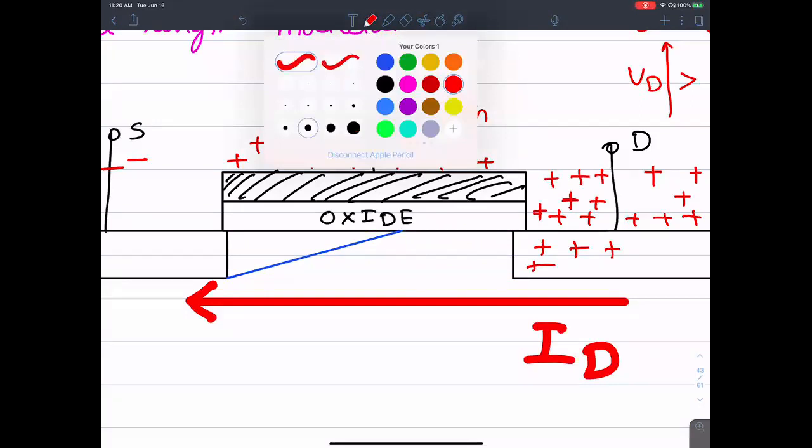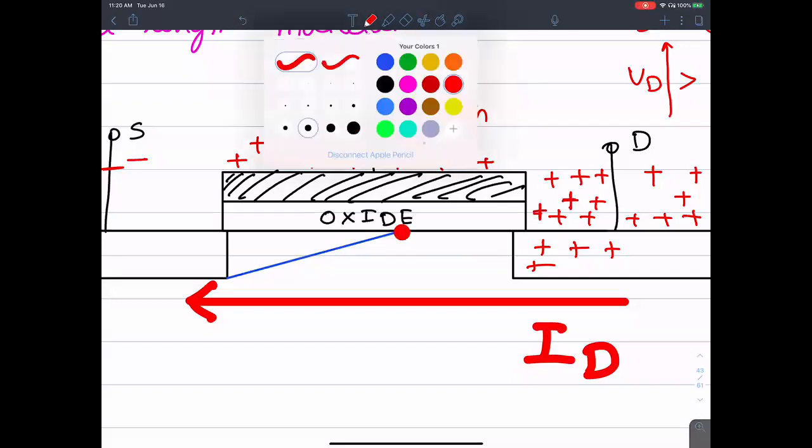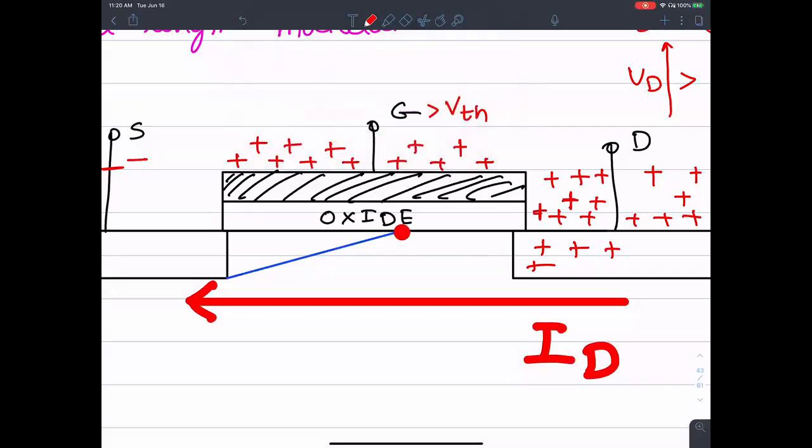It's going to be pinched off. That's what happens. There's this pinch off point that moves closer and farther away based on the positive voltage that I apply on the drain. If I apply a very little amount of positive voltage on the drain, then there is no pinch off.